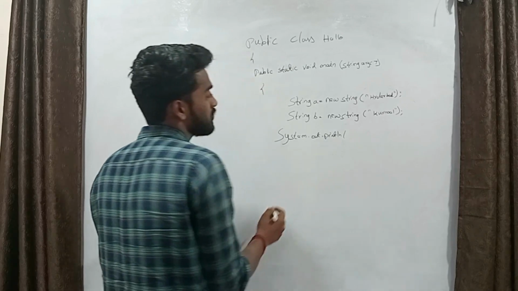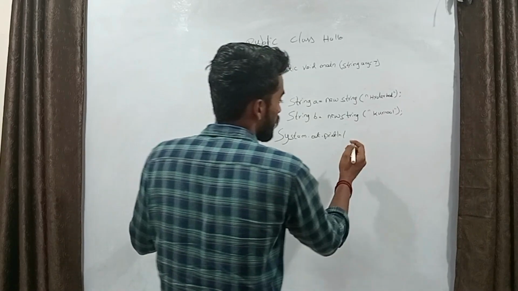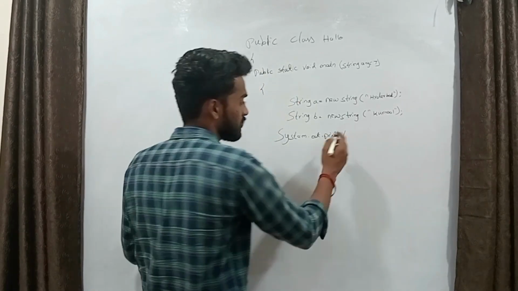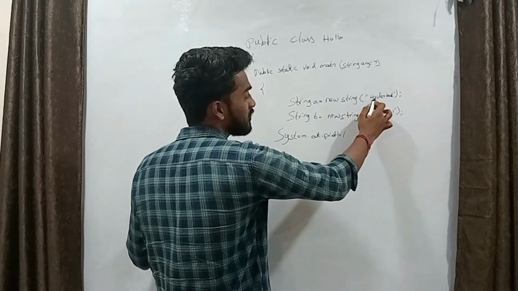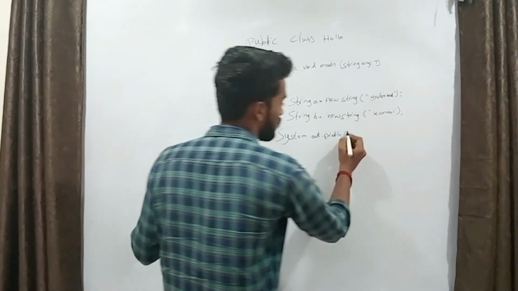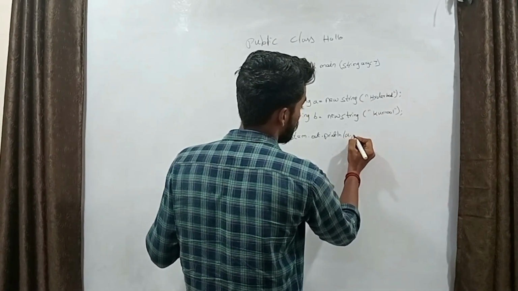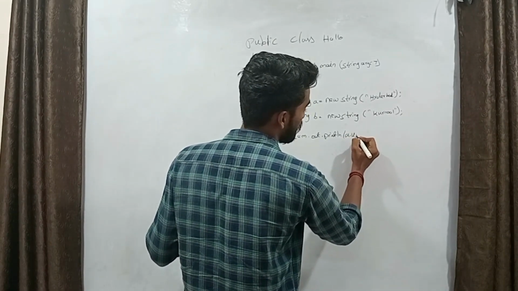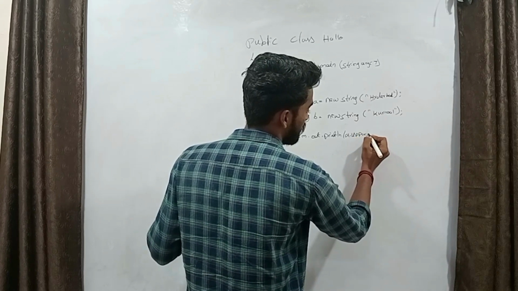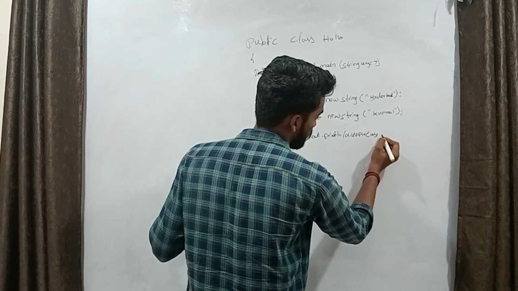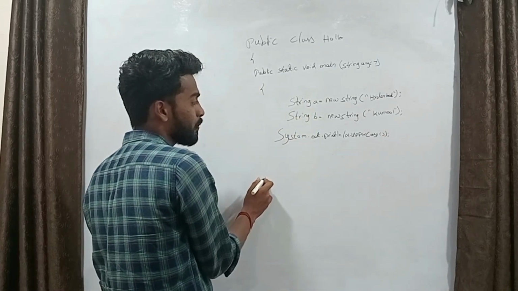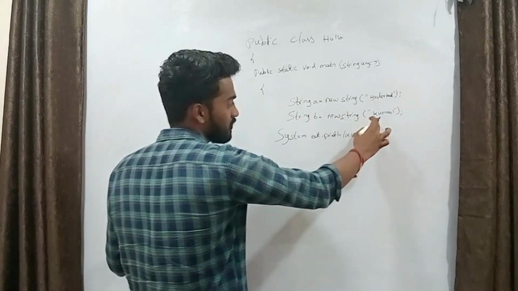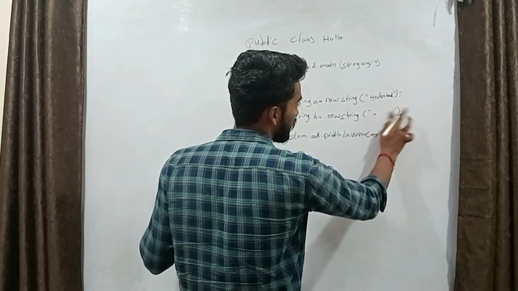Println. First I am writing toUpperCase. This Hyderabad should be printed in capital letters. A dot toUpperCase, where U should be a capital letter and C should be a capital letter. And toLowerCase. This Kurnool should be printed in lowercase letters.